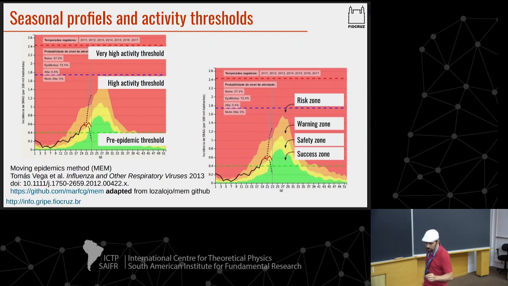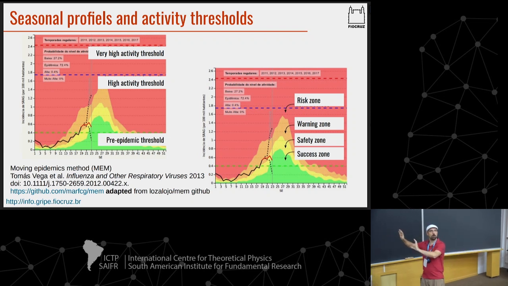So what I want to say is that this type of construction is also useful if you have a syndromic surveillance, so based only on symptoms, and you have your historical pattern, your historical epidemiological profile of the pathogens usually associated with that particular syndrome.